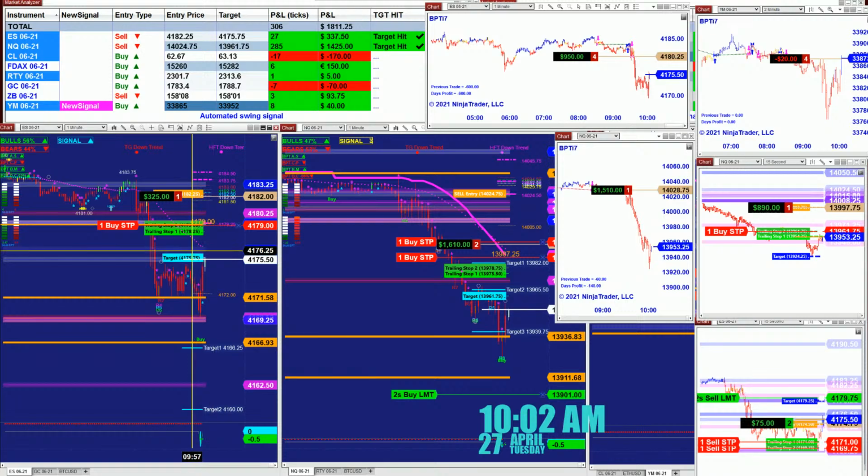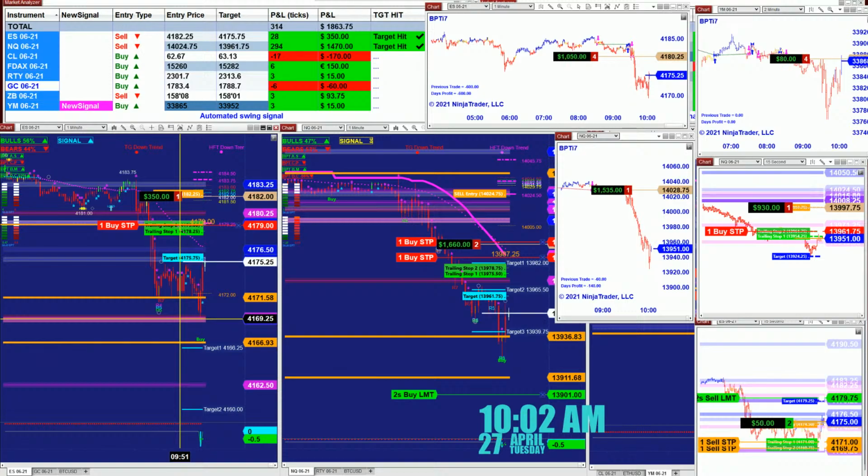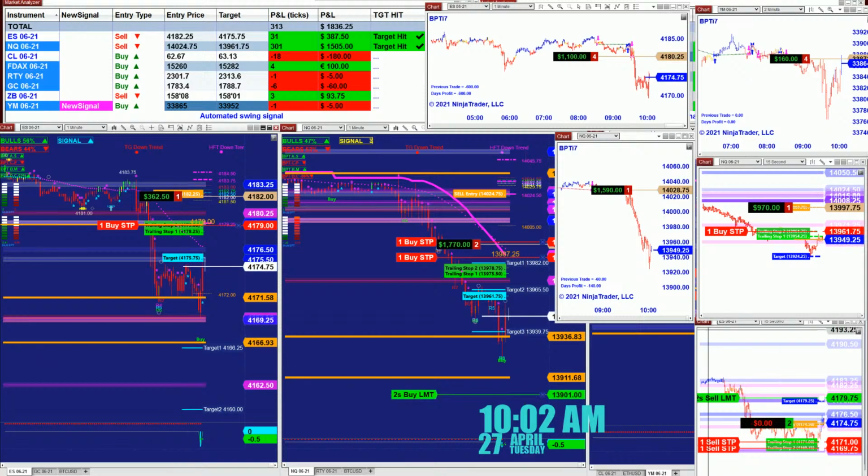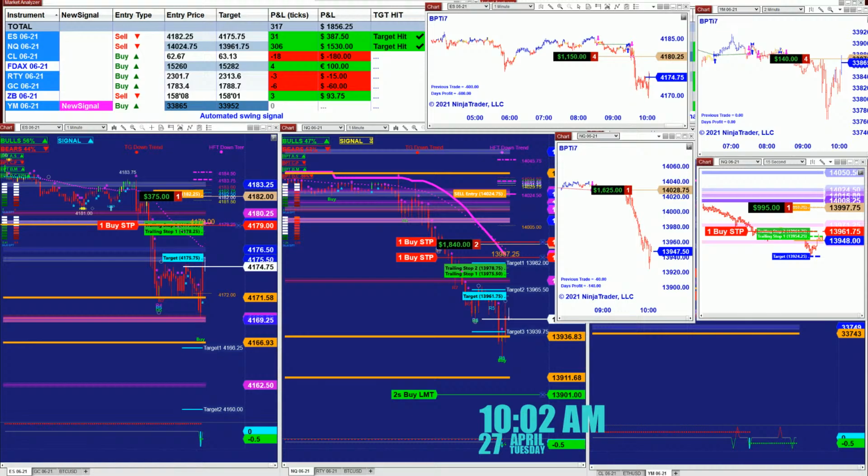So now we are stuck between the 41.76 as a resistance, which is a very heavy resistance, and most likely it's going to go back and try to penetrate the 41.69.25. So we are going in the proper direction in the market.